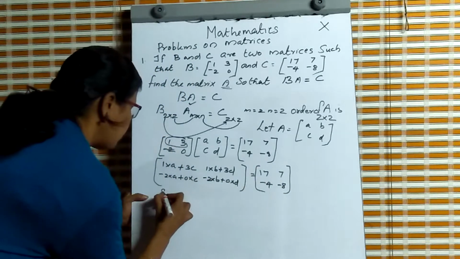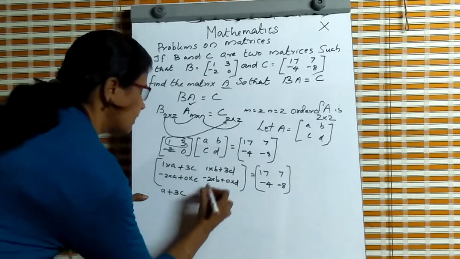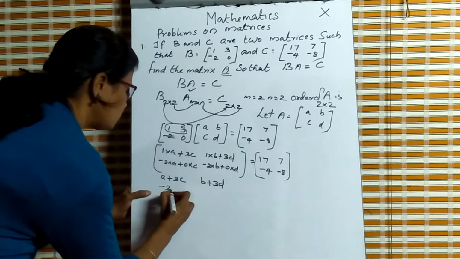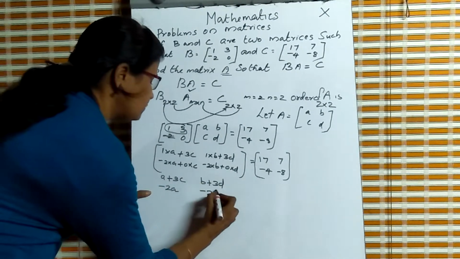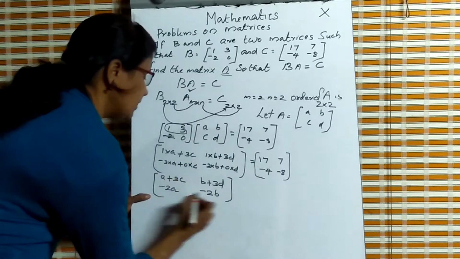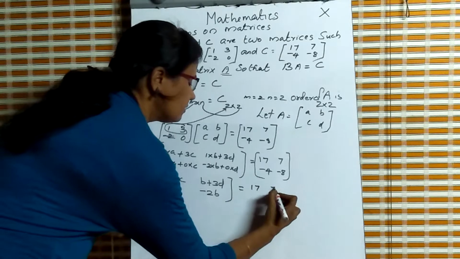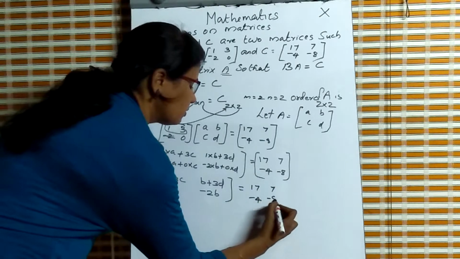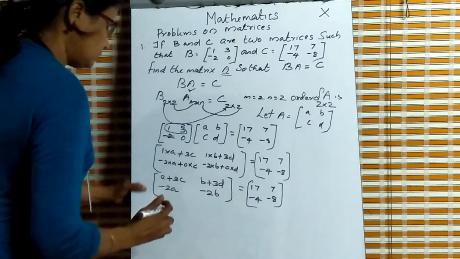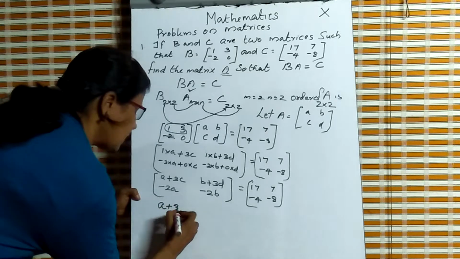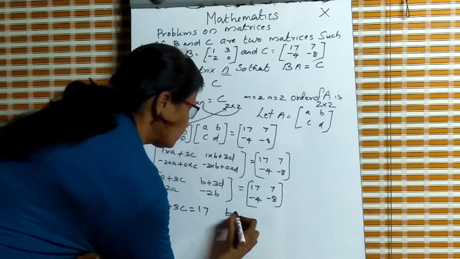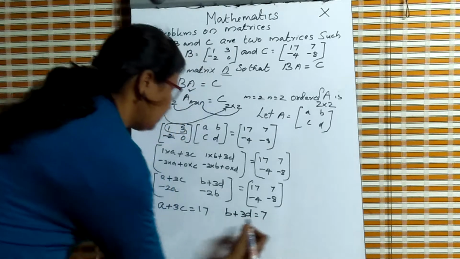Then first one, a plus 3c, then b plus 3d, -2a, here -2b, 0 into c is 0, 0 into d is 0, equals [17 7; -4 -8]. Here we equate corresponding elements. First one, a plus 3c is equal to 17 and b plus 3d is equal to 7.